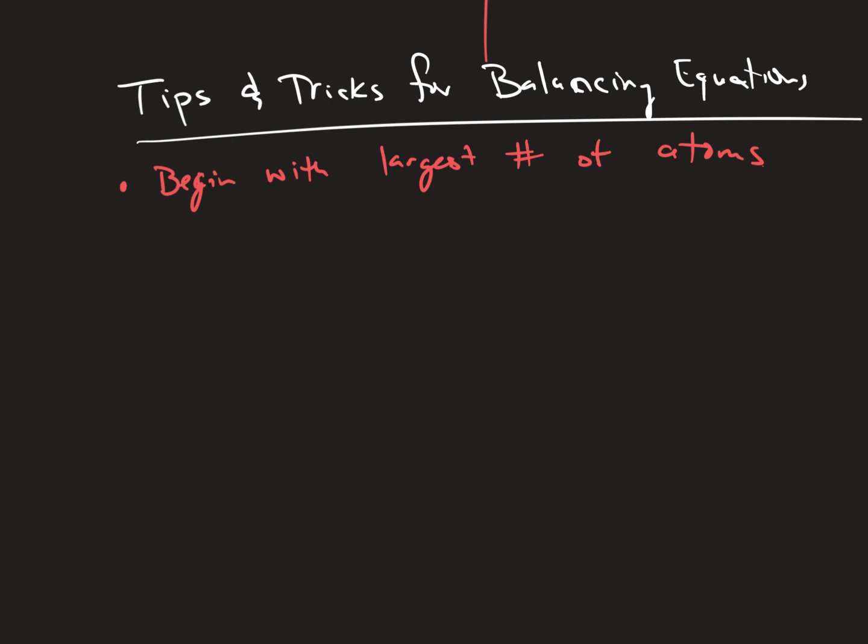Because it's easier to make the little ones bigger rather than the bigger ones smaller, right? How do you make a bigger one smaller? Put a half in front of it? Can we have half of a particle, half of a molecule, half of an atom? We cannot. So that's why we start with the biggest numbers.